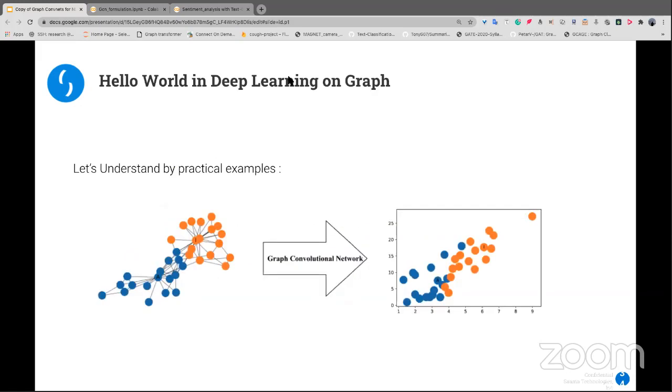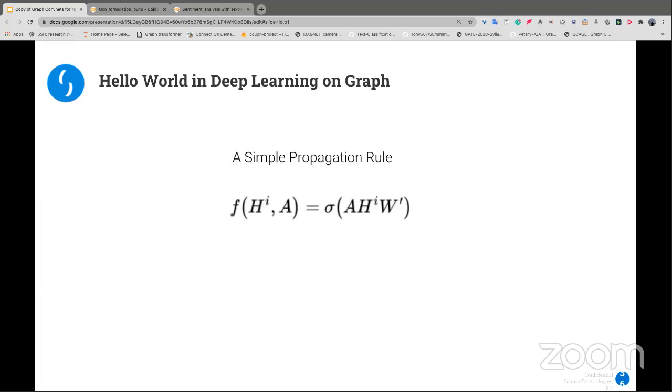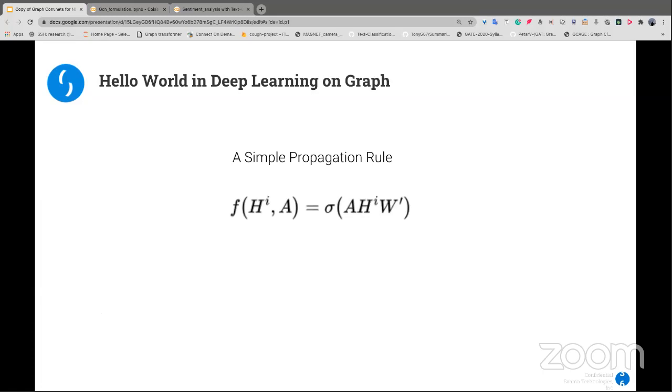So let's understand with a simple example how graph convolution works. A graph convolution layer takes two inputs. One is N into N, the node-by-node adjacency matrix, and second is N into F, where each node has an embedding, and F is the number of dimensions.